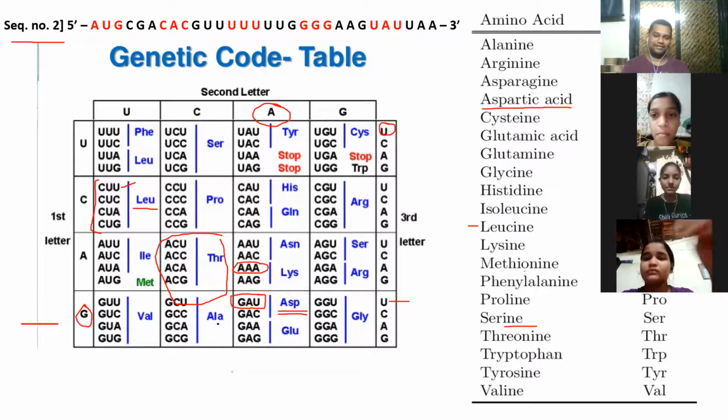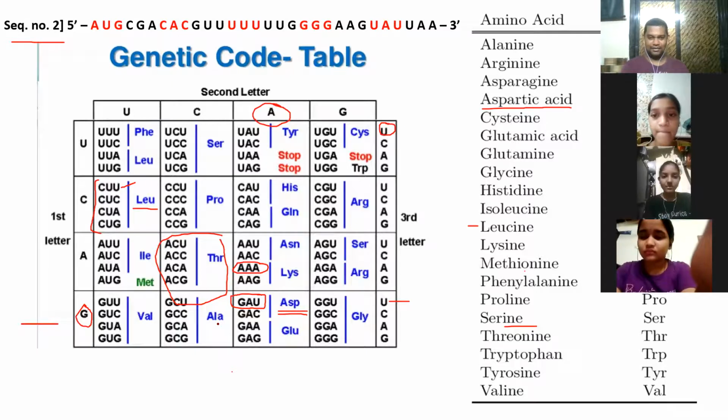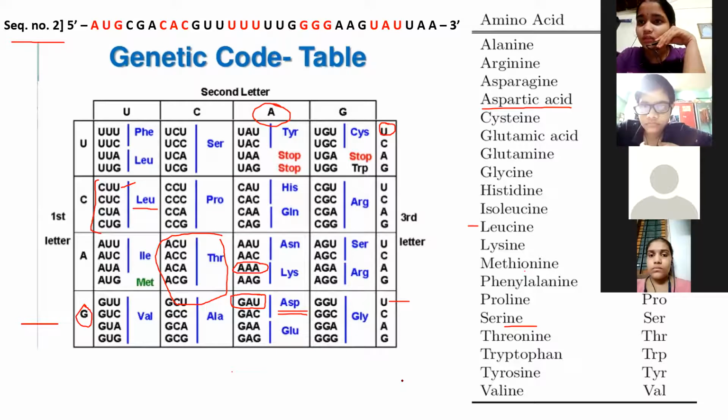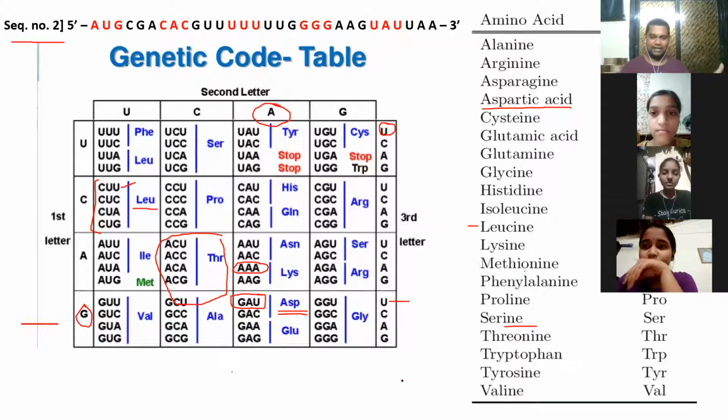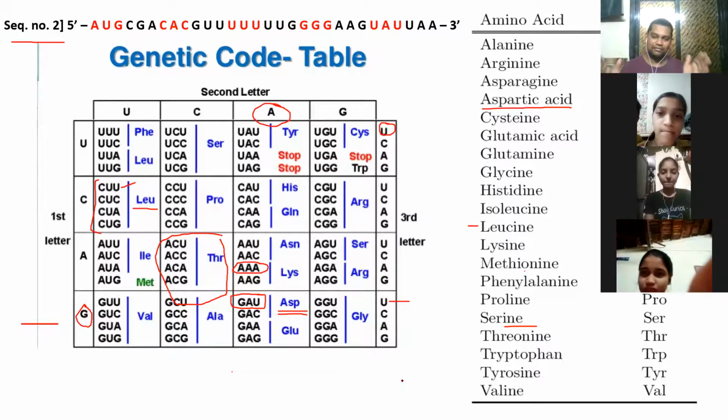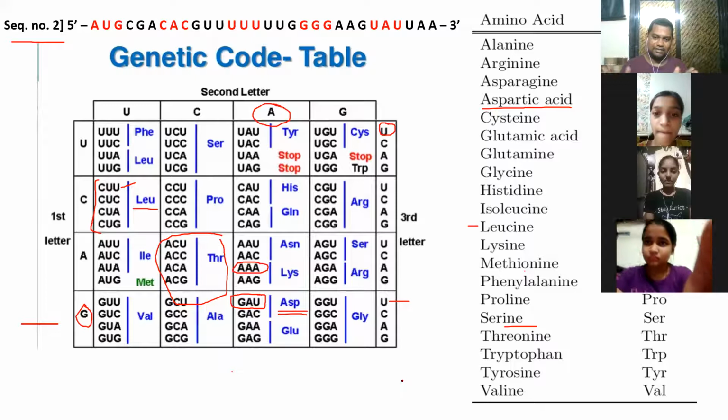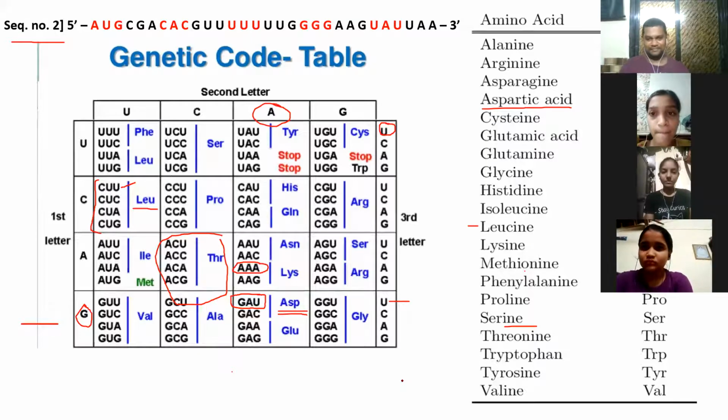Exactly, you will get 9 amino acids. So how many peptide bonds? 8. So if you have a given mRNA sequence, and n is the number of codons, n minus 1 would be the number of amino acids, n minus 2 would be the number of peptide bonds.